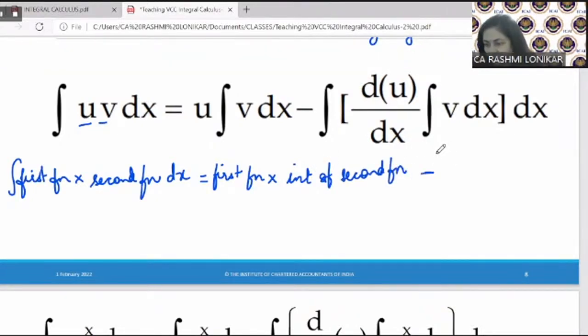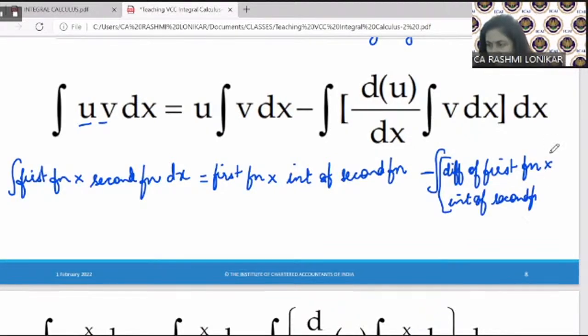Minus integration of, pay attention, minus integration of differentiation of first function into integration of second function dx.